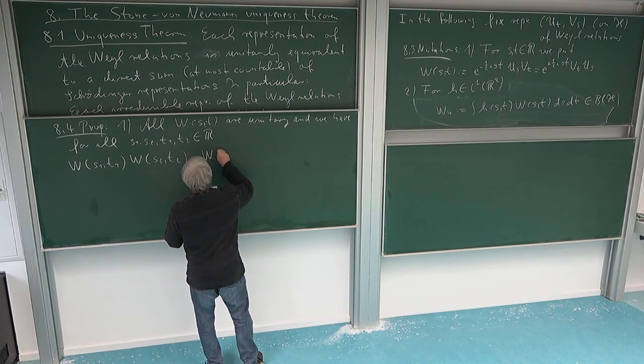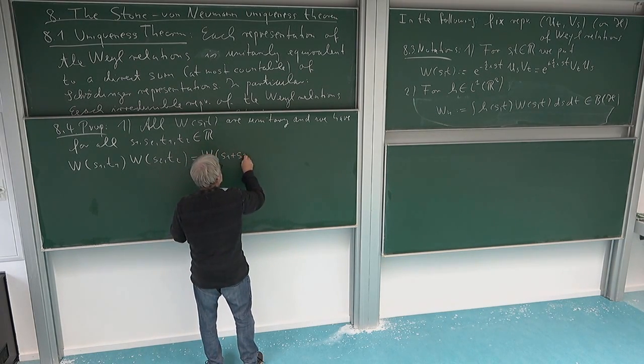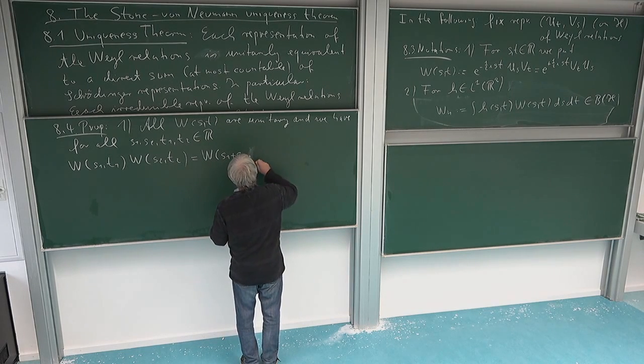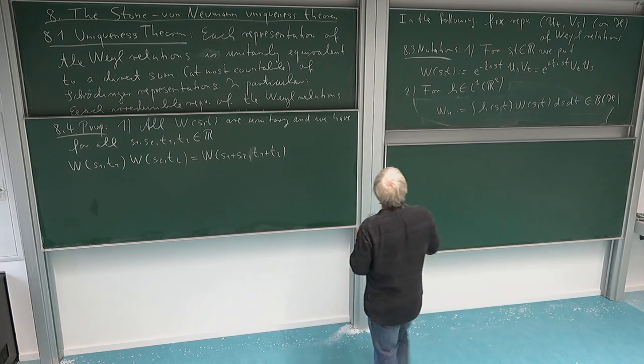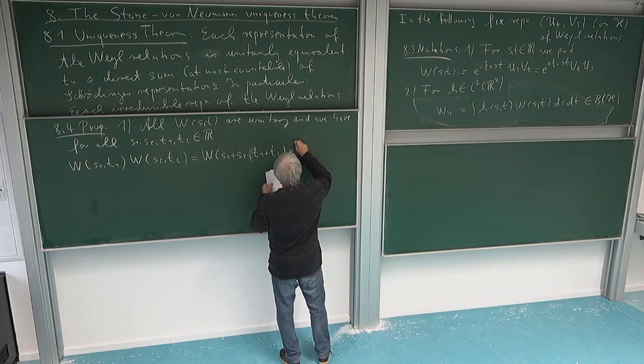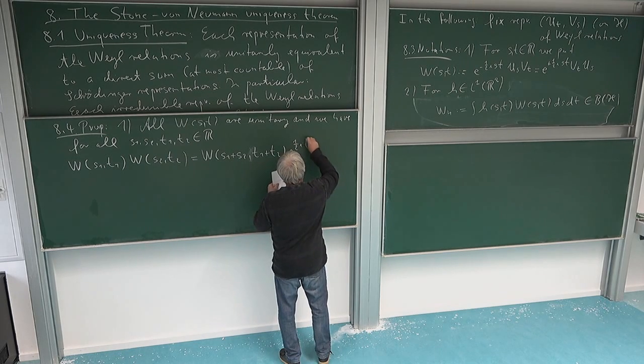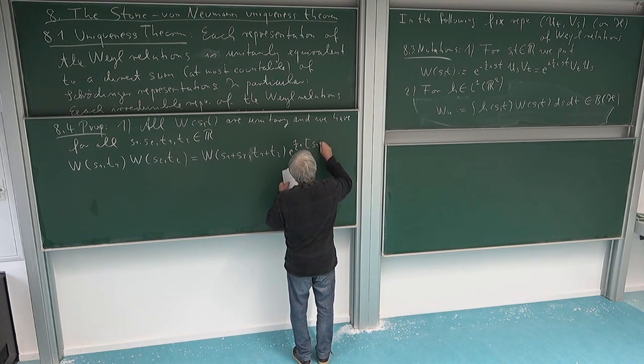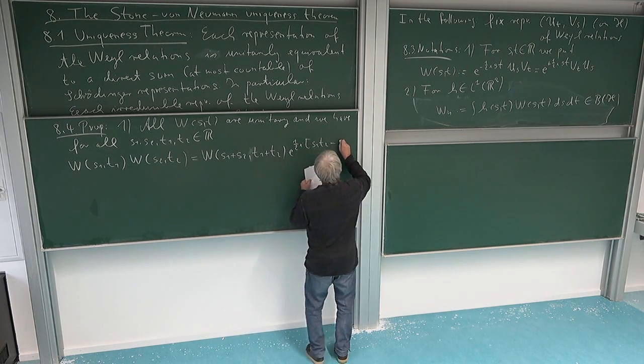So I will get W of S1 plus S2, comma T1 plus T2, and then of course a phase factor, which one has to work out, and this will be e to the 1/2 i times (S1 T2 minus S2 T1).